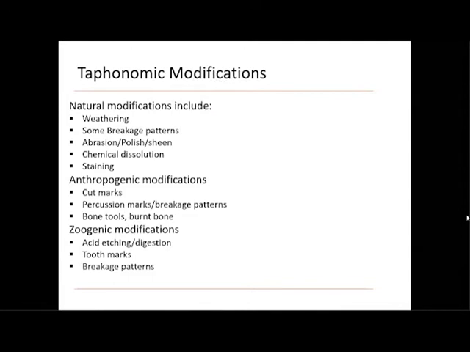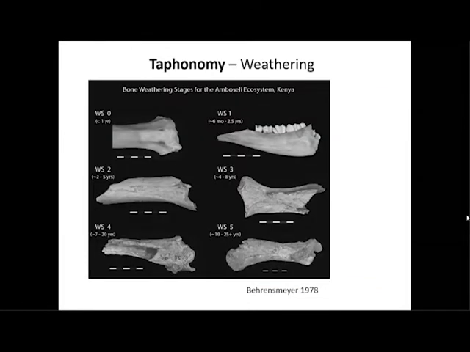Some examples of natural modifications include weathering. This refers to how long a bone has been exposed to the elements, just out in the open. Behrensmeyer in 1978 conducted a couple of experiments, and in this way we have been able to document 6 different stages from 0 to 5, with 0 being less than a year of exposure for the bone, and stage 5 being a bone exposed for between 10 and over 25 years.